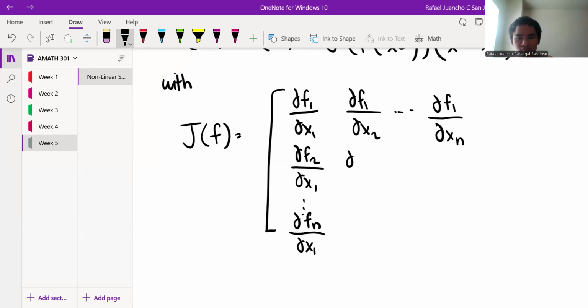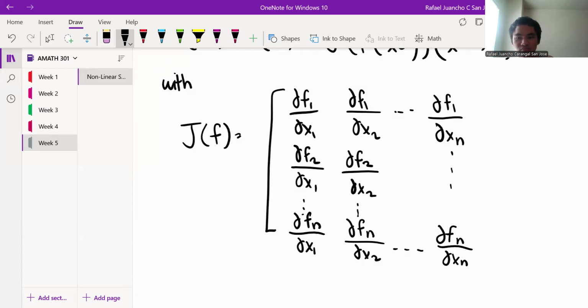f sub 1, f sub 2, x sub 2. And we basically just keep going here. This goes to n, this goes to n, n, right? 2 all the way to n, and I just complete this part.